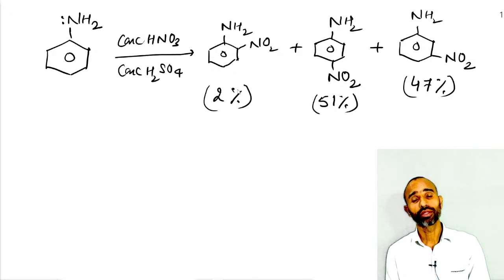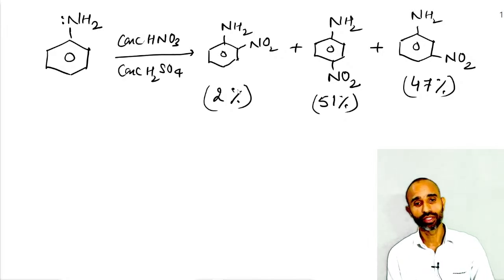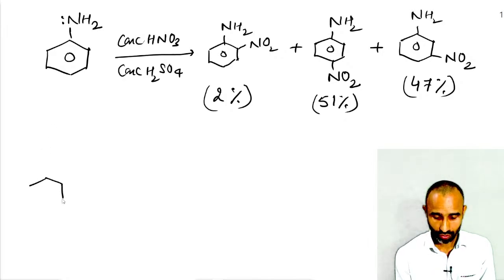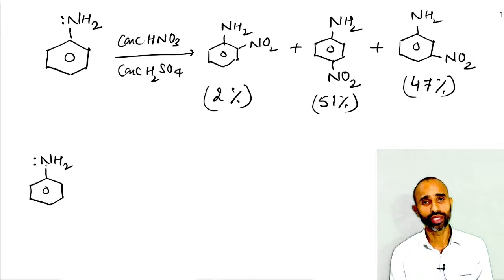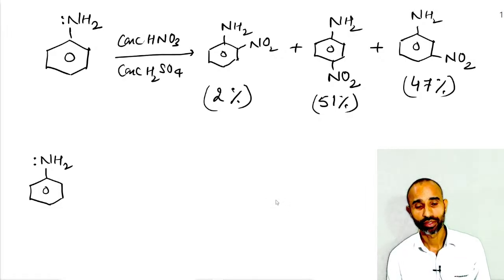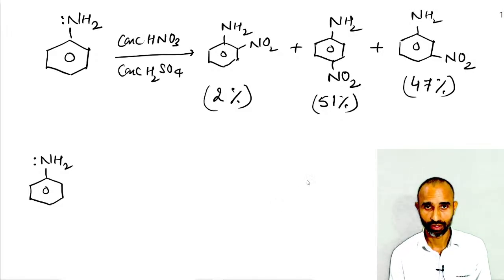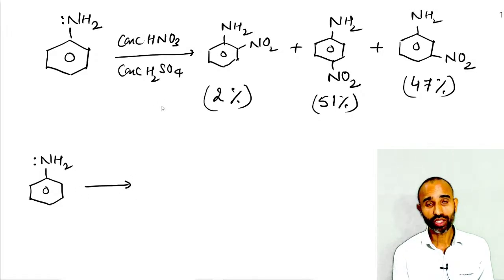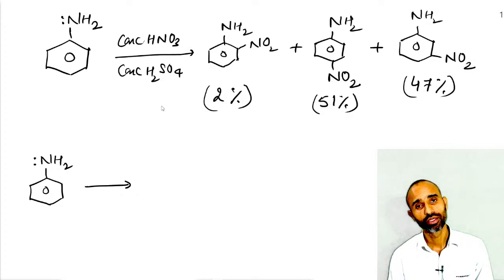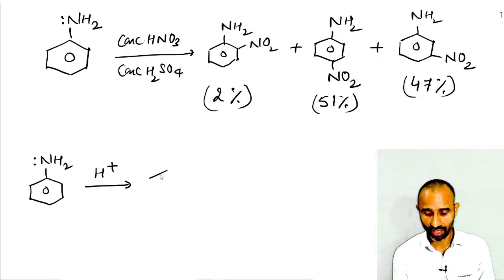So why is this huge amount of meta product formed? Because you know aniline is a weak base. Because of the presence of lone pair, it is a base. Now HNO3 and H2SO4 are both strong acids. So as they are strong acids, there is an acid base reaction, and when this acid base reaction takes place, we get the anilinium ion.